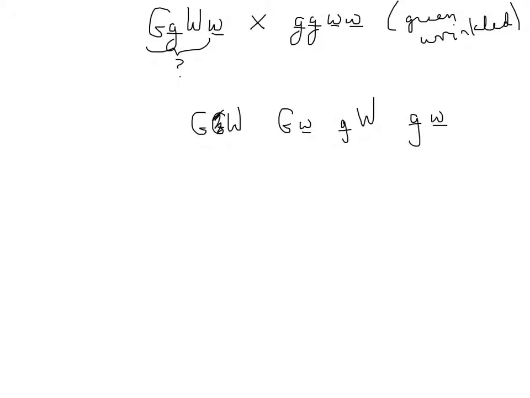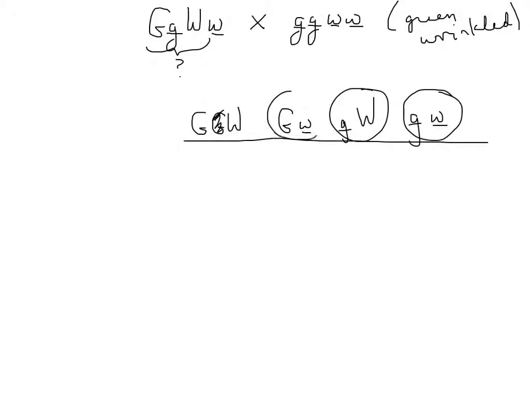Can make each of those. Okay, those are the 4 possible gametes. I'm circling the gametes, okay, and each of them would be produced with a probability of 1/4, assuming the genes G and W are on 2 different chromosomes, okay, due to independent assortment.